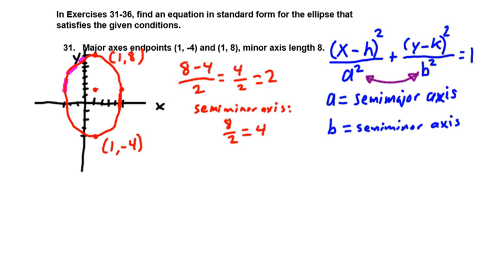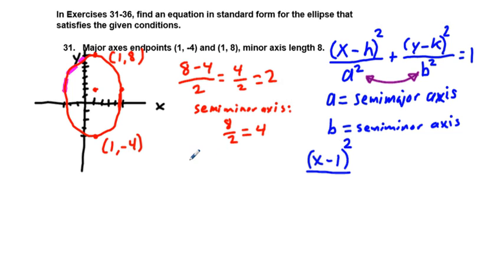And now we can write the formula for this, which is going to be x, and we shifted 1 unit to the right, so that's going to be x minus 1, because when h is positive, that's going to be minus something. So we have that quantity squared over our semi-major axis, where our semi-major axis we can see is halfway between 8 and -4.